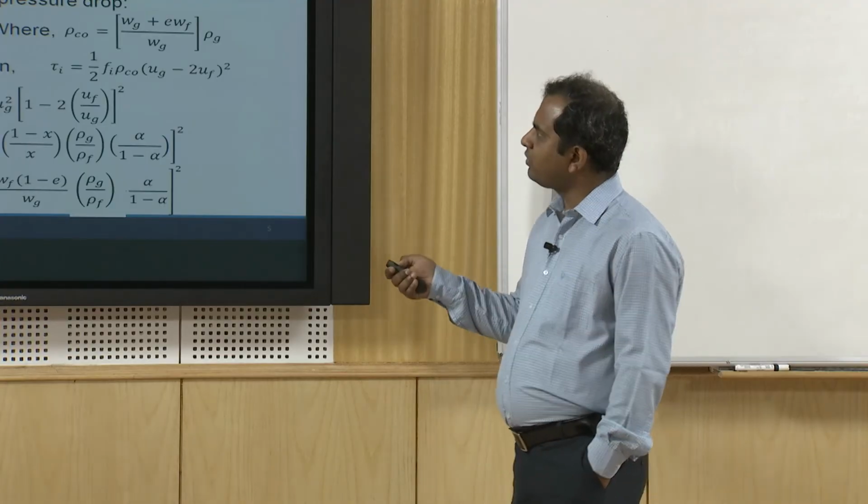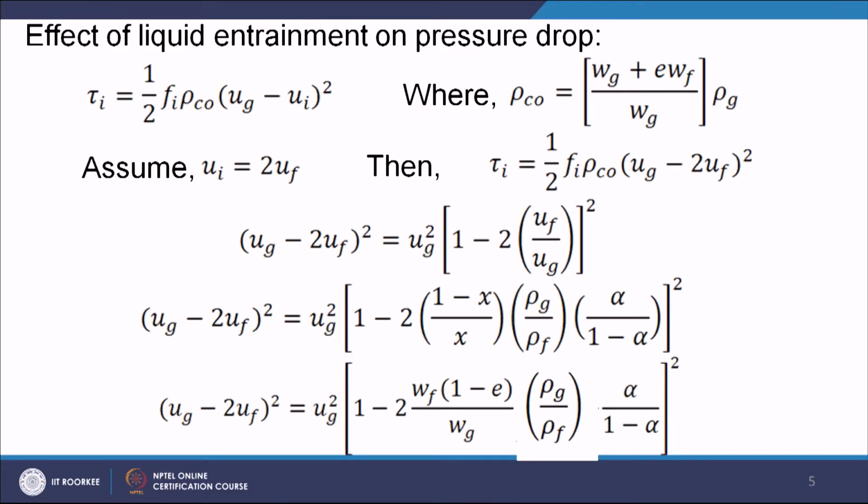Now, once we have found this rho CO, the next task is to assess the value of the interfacial velocity, that means u I. For this derivation I am considering that u I is known to us, and that is equivalent to 2 into u f. u f is essentially the liquid velocity. So, this is the assumption. If you have another value of u I, accordingly you need to change. I have taken this as 2 into u f just to simplify our calculations.